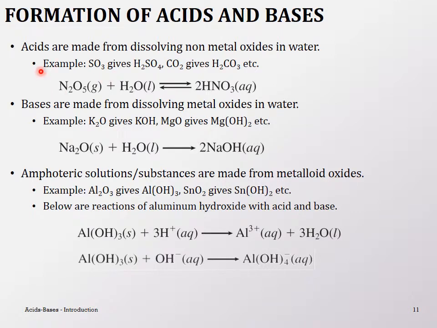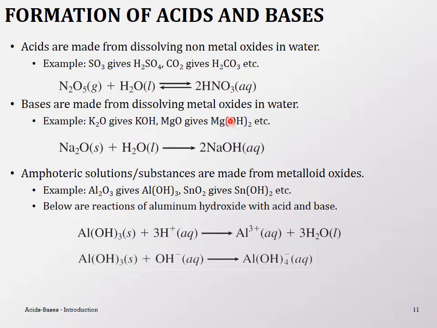So a lot of the acids are actually formed by taking any kind of non-metallic oxide and dissolving it in water. For example, sulfur trioxide will give us sulfuric acid, carbon dioxide will give us carbonic acid, nitrogen oxides will give us nitric acid. So you can take any of the non-metallic oxides and dissolve them in water to give you an acid. That's how it works. And bases are made from dissolving metal oxides.